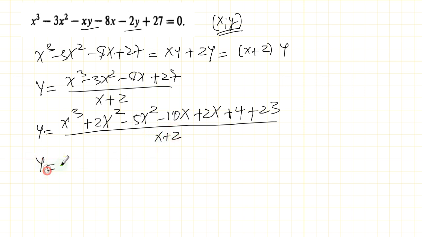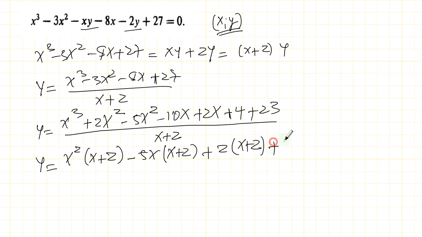Now factoring, we're going to have x squared, which multiplies x plus 2, minus 5x, which multiplies x plus 2, plus 2, which multiplies x plus 2, and then plus 23, all divided by x plus 2.